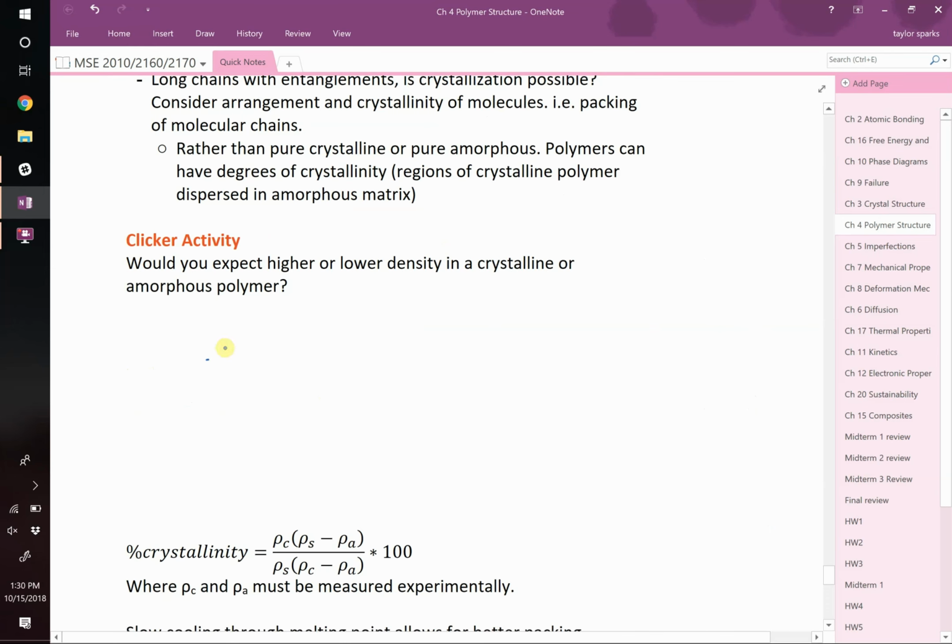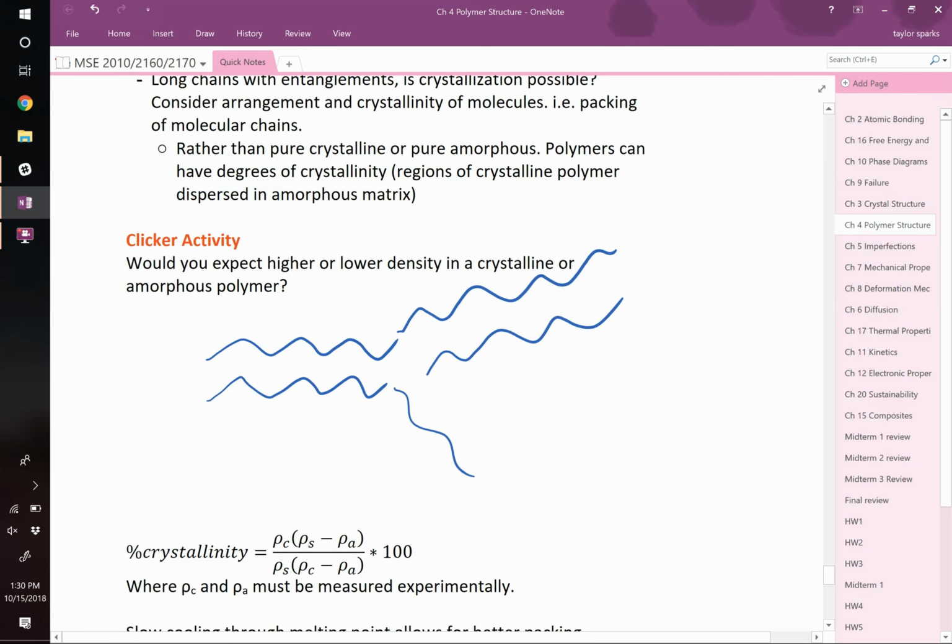So you might have a region like that that's lined up well, and then this does something else, and it gets amorphous, and this one does something else, but you have another one that sort of fits in here. So you've got these amorphous regions in between that don't line up very well, and you've got regions that are crystalline. And it doesn't have to be completely crystalline or completely amorphous. You can have some fraction of both in your polymer, right?